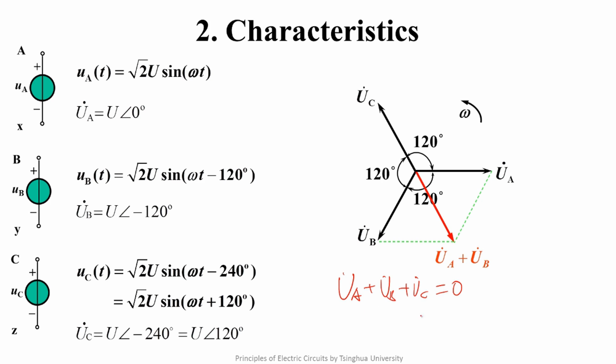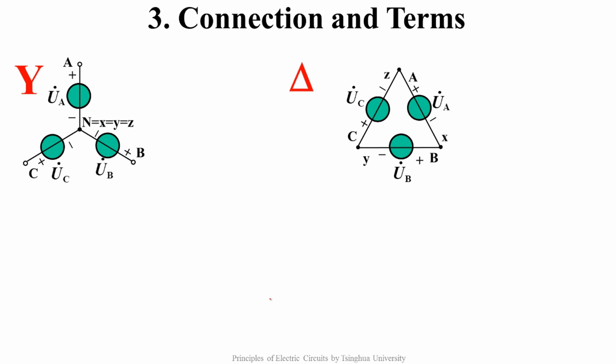This is concluded from the phasor graph. You can get the same conclusion by adding the time domain expressions together. This means that the sums of the instantaneous voltages and of the phasor voltages of the balanced three-phase source are both zero.